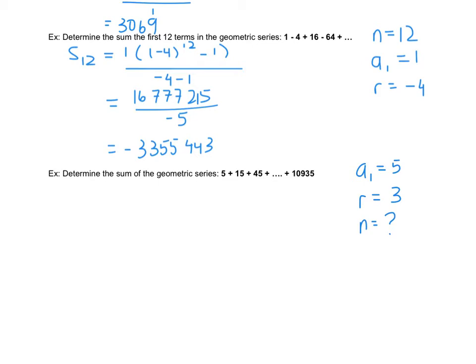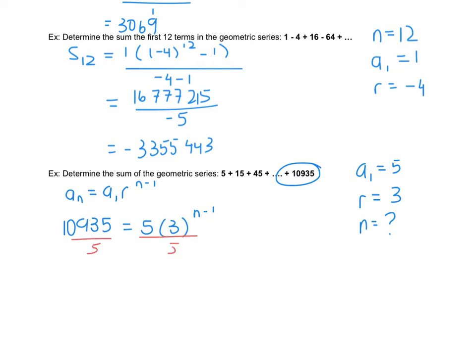So we actually have to use our geometric sequence formula first, which is a1 r to the power of n minus 1, and we're going to use our final term to figure out what position it's in. So 10,935 is equal to the first term times our common ratio of 3 to the power of n minus 1. So I'm going to divide both sides by 5, and I get 2,187.